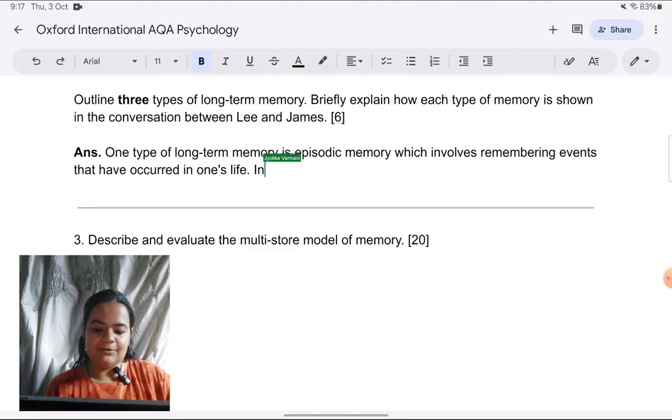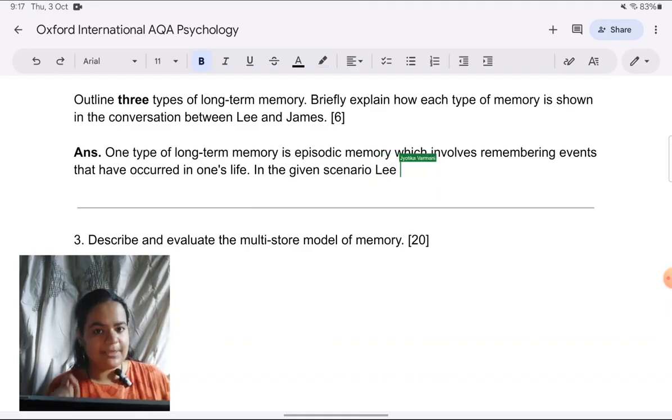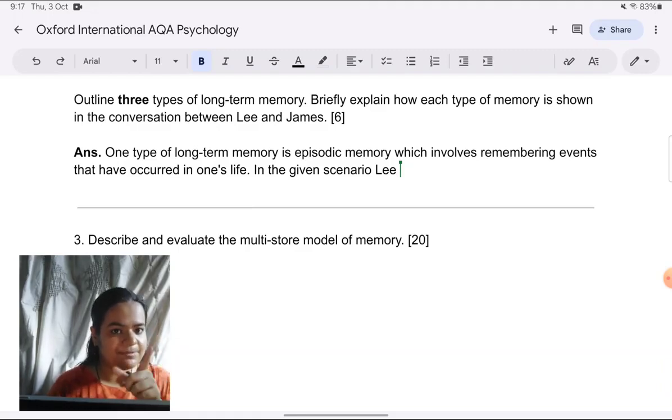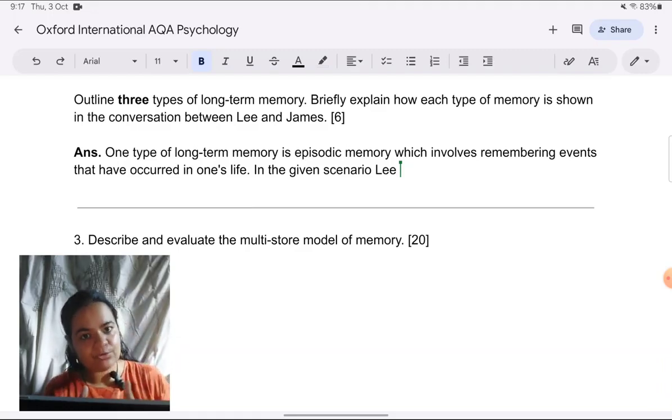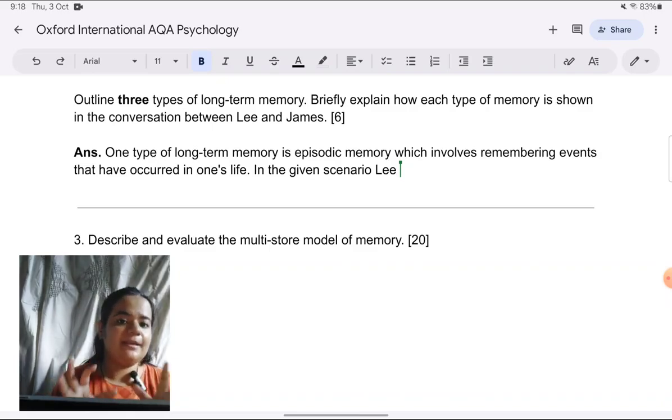In the given scenario, Lee, use wording from the scenario. Whenever you're answering AO2, use names from the scenario, use language which has been used in the scenario. That shows that you're contextualizing the point which you have made in AO1 to the scenario. So keep using words from there. Don't write vaguely. Don't write in abstract terms.